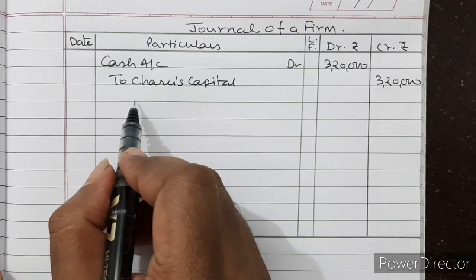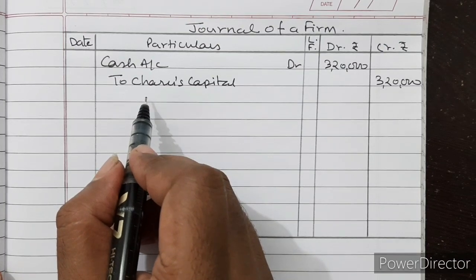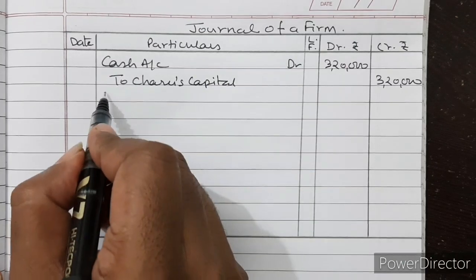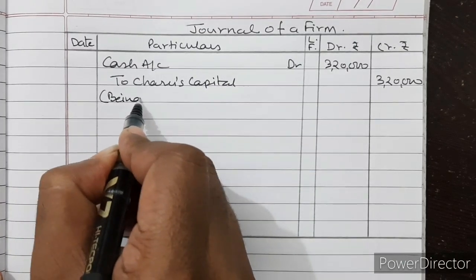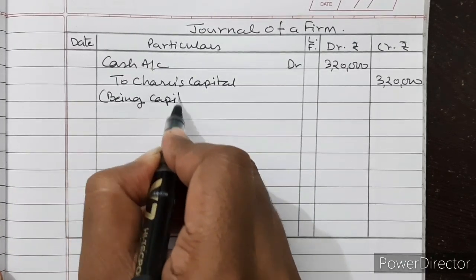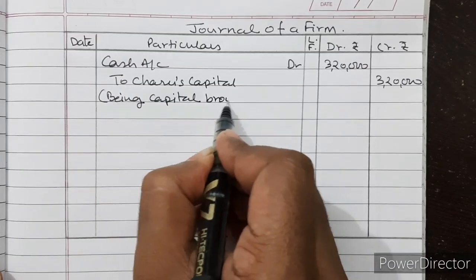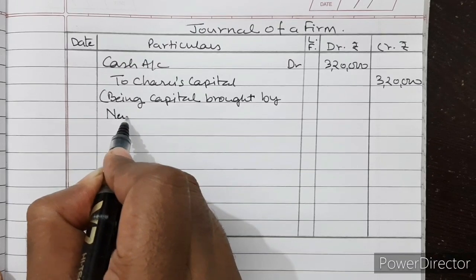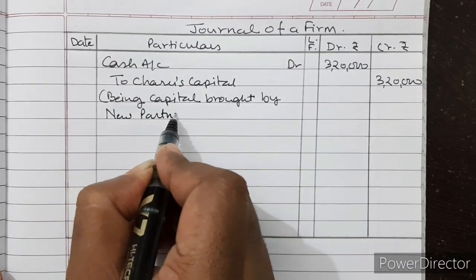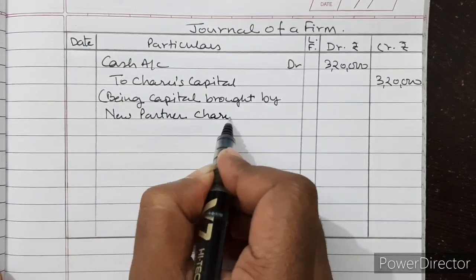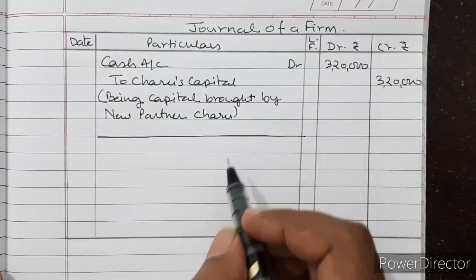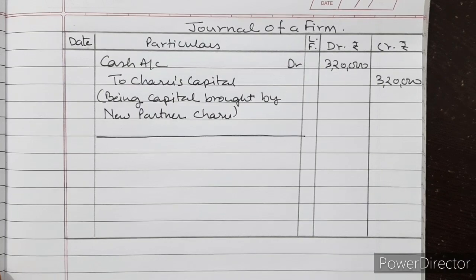Because it is not said in the question that Charu has brought her portion of goodwill, it means she is not bringing the goodwill. Now we will do the treatment for goodwill.